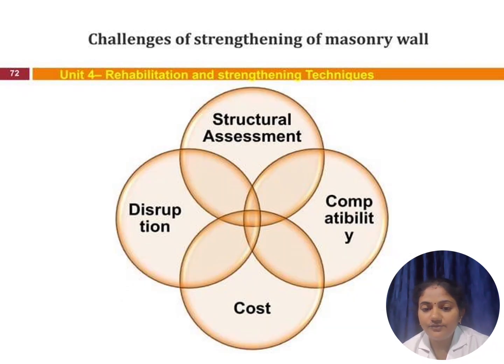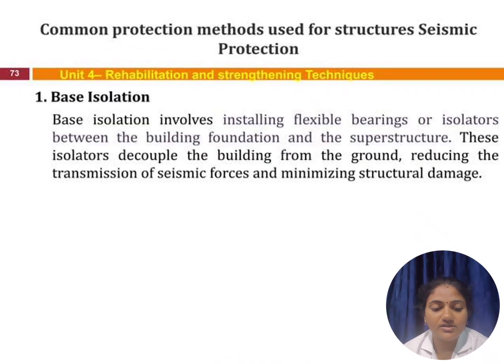And the challenges of strengthening are structural assessment, compatibility, and cost and disruption. We can't spend more money on repair and maintenance, so we are considering cost in a main manner, and the challenges are faced by considering these costs.